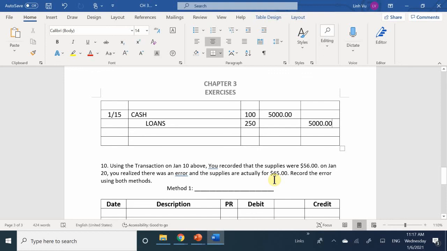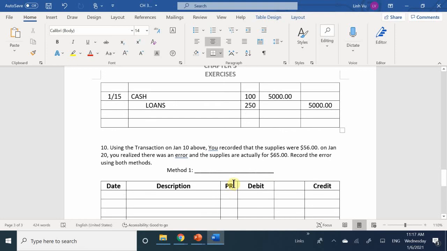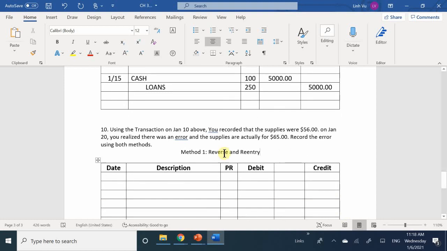Record the error using both methods. So, which method do you want to use first? Reverse and re-entry. Okay, so let's do the reverse and re-entry.